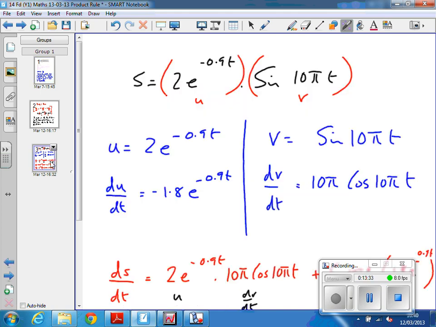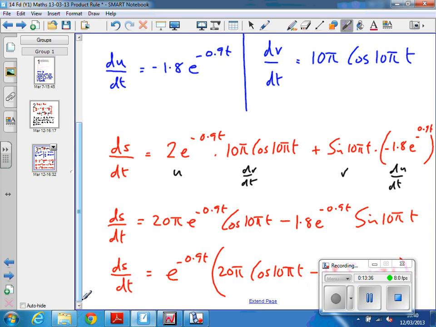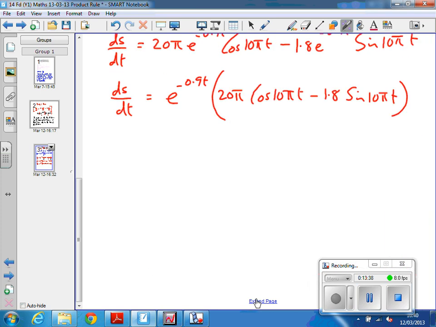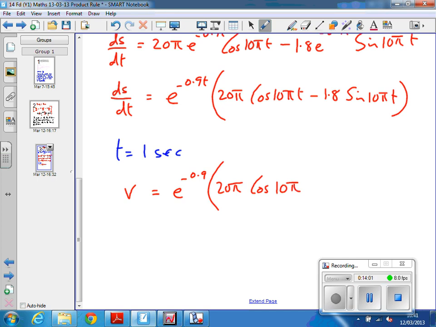So going back to here, we now say when t equals 1 second, ds by dt, or the velocity, equals e to the minus 0.9, because t is 1, brackets 20 pi cos 10 pi minus 1.8 sine 10 pi.